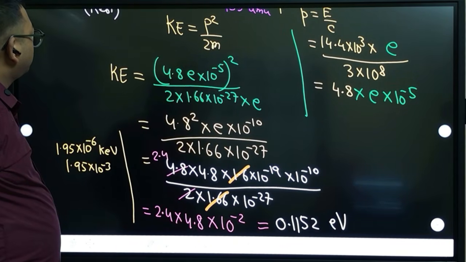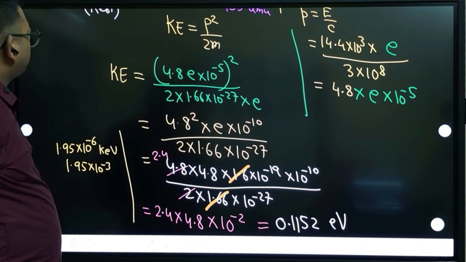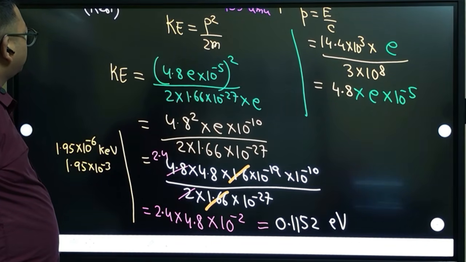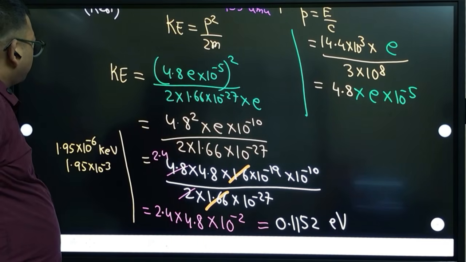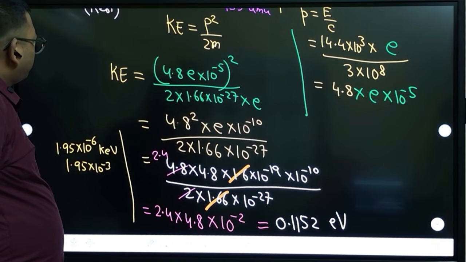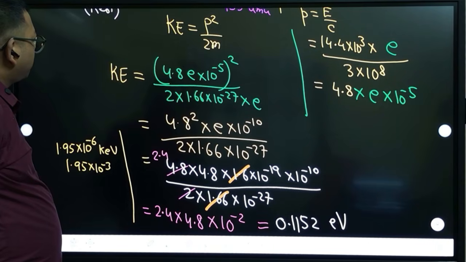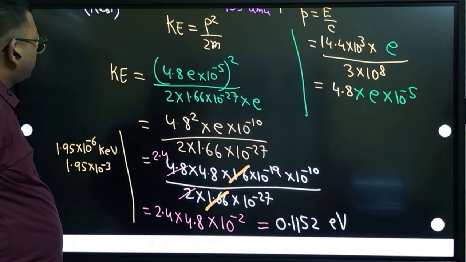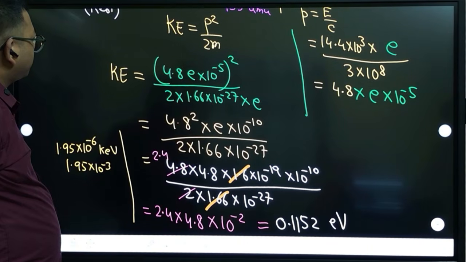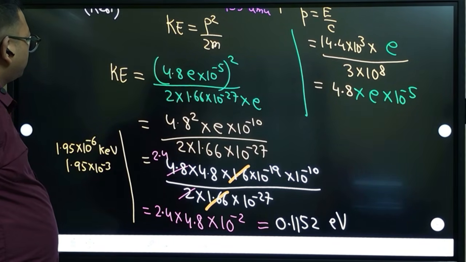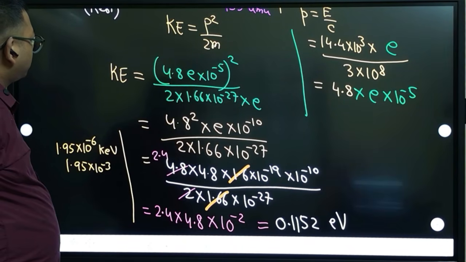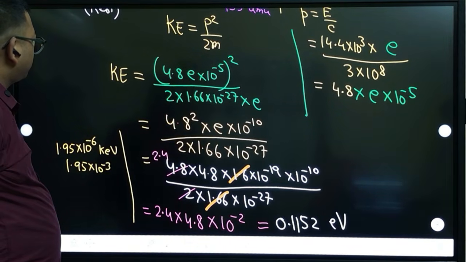Take the calculation. 4.8 into E into 10 power minus 5. So 4.8 square, E square, we got cancelled, 10 power minus 10, and then this 2, 1.66, 10 to the power minus 27. 4.8, 4.8, 1.6 10 to the power minus 19 into 10 to the power minus 10, divided by 2 into 1.66 into 10 to the power minus 26. 2.4, 4.8.